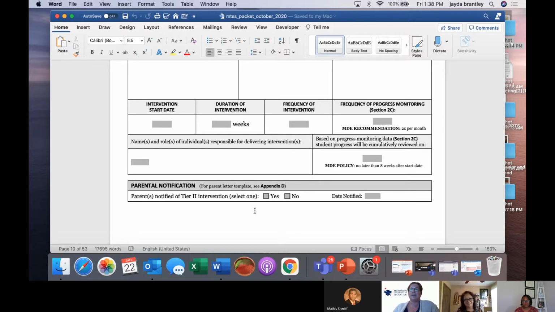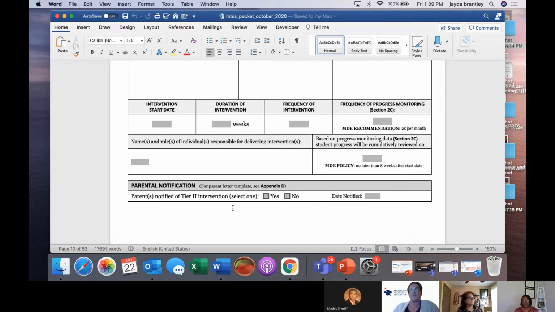Yeah. At the bottom, you see the notification down here at the bottom. Now, it is not required that we notify a parent when a student is in tier 2. But truthfully, as an interventionist, I wanted parents to know, you know, we communicated with the parent.